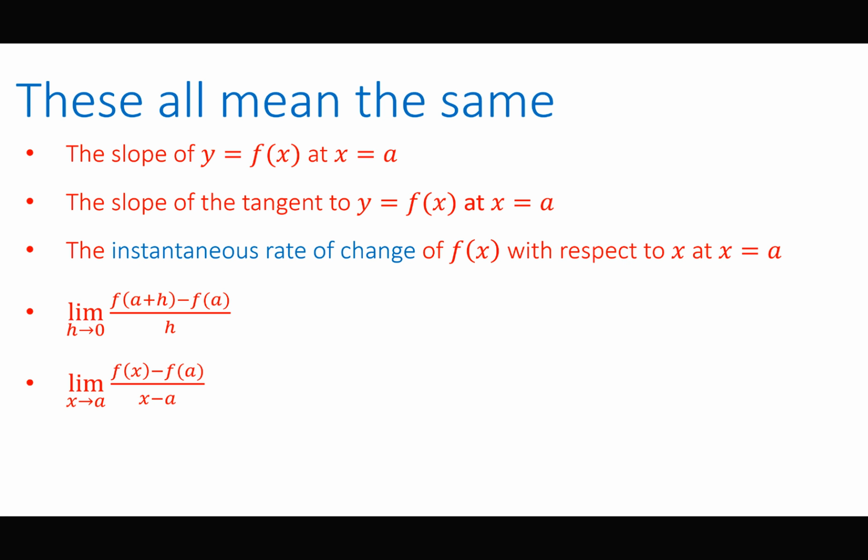It's doing the exact same thing. You might see it written this way as well. We'll do a practice one to show you working it out in this method. So limit as x approaches a of f of x minus f of a all over x minus a. But again, all of these give you the slope of the tangent line, which is what it's going to be asked.